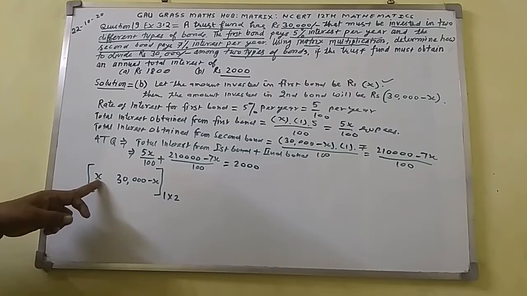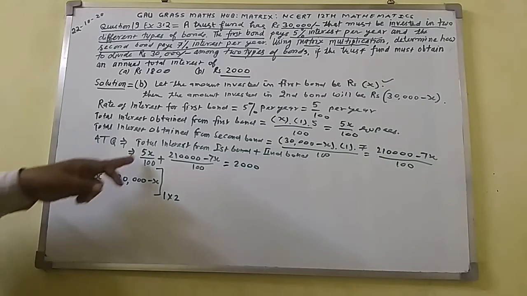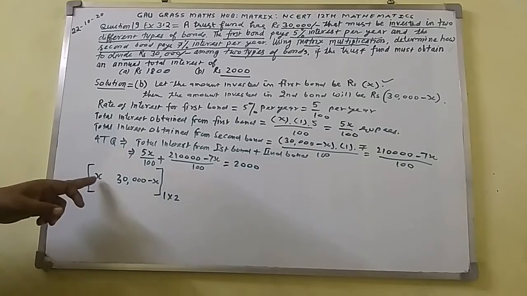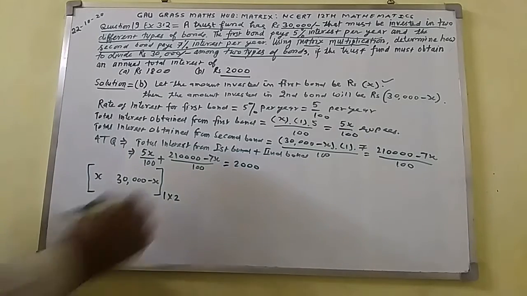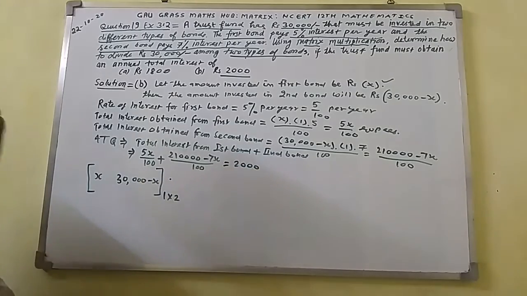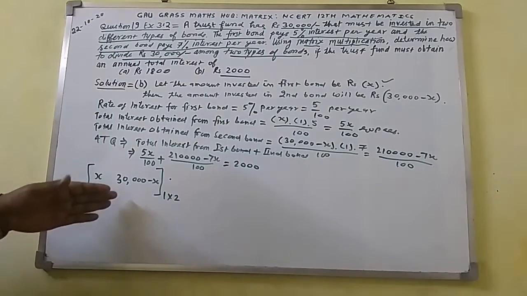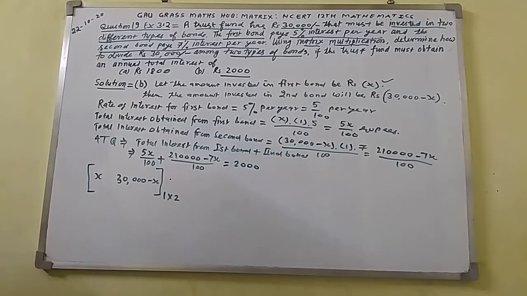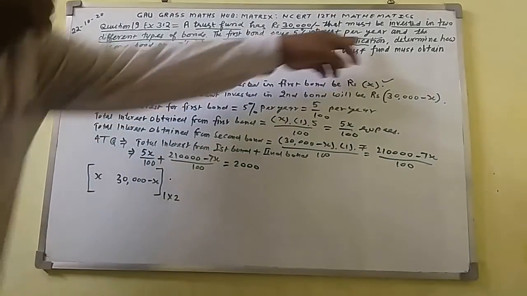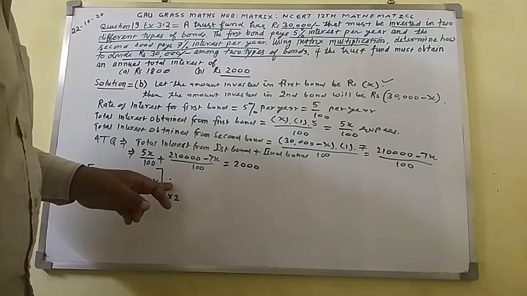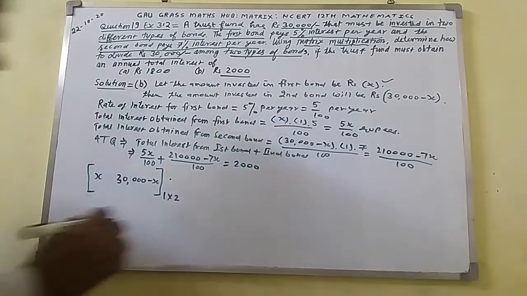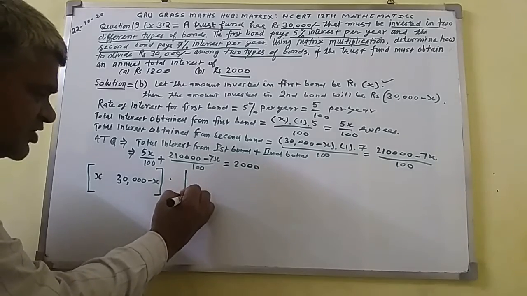Then this principal amount x will be multiplied by 5 over 100. So here I shall write a multiplication sign, because it is written using matrix multiplication. Here I have written the first matrix representation, then the multiplication sign, then I shall write the second matrix.